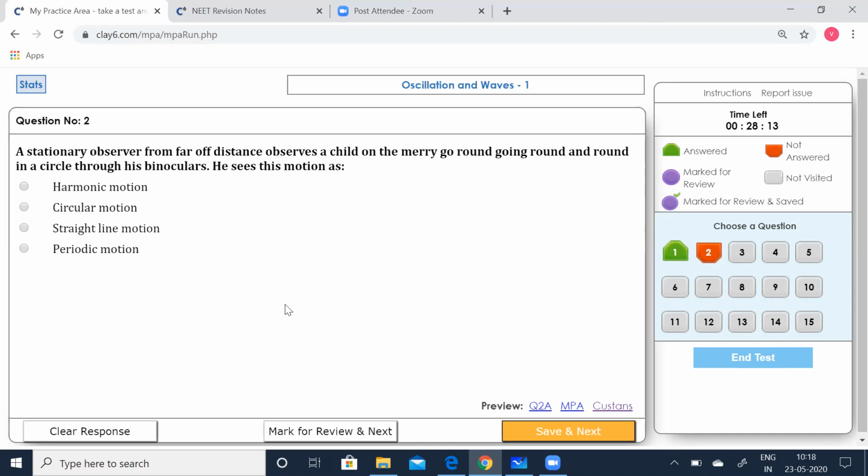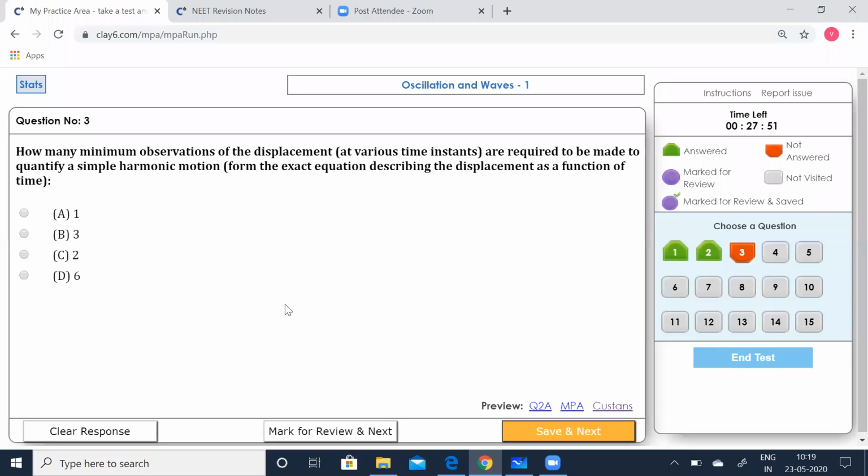So the horizontal displacement can be given by sine omega t. If it represents y equal to sine omega t, then you can say it is simple harmonic motion. So option A is correct. Save that, go to the next.